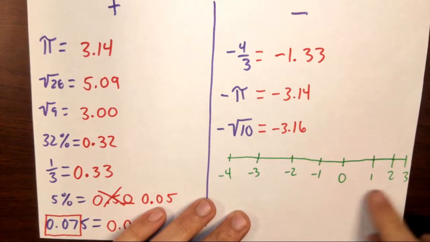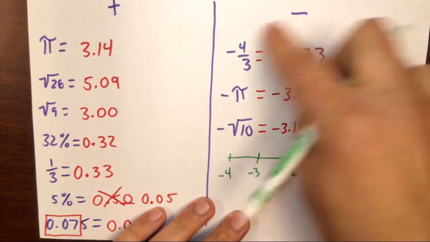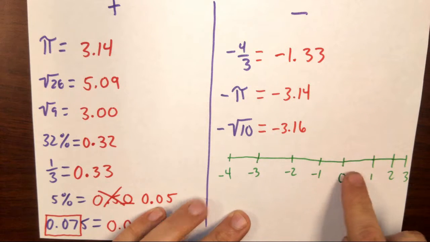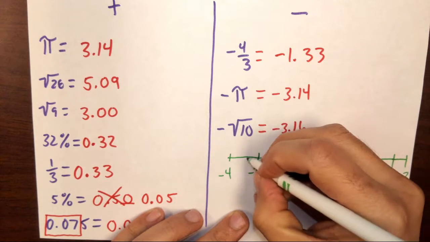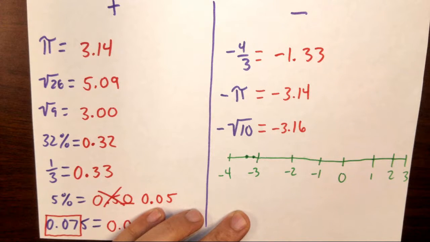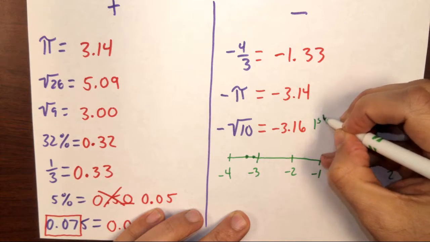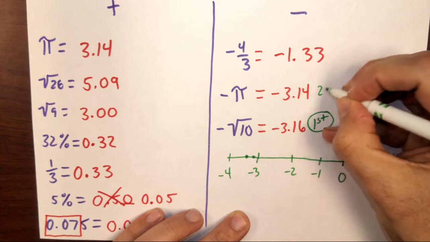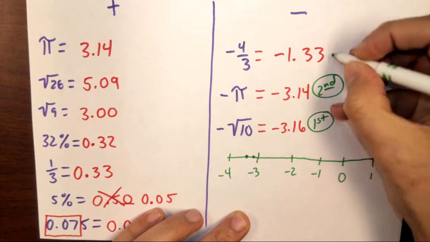So let's see. What's my smallest number? Negative 3.16 is about right here. Negative 3.14 is about right there. So this is first. It's my smallest number. Second. Third.